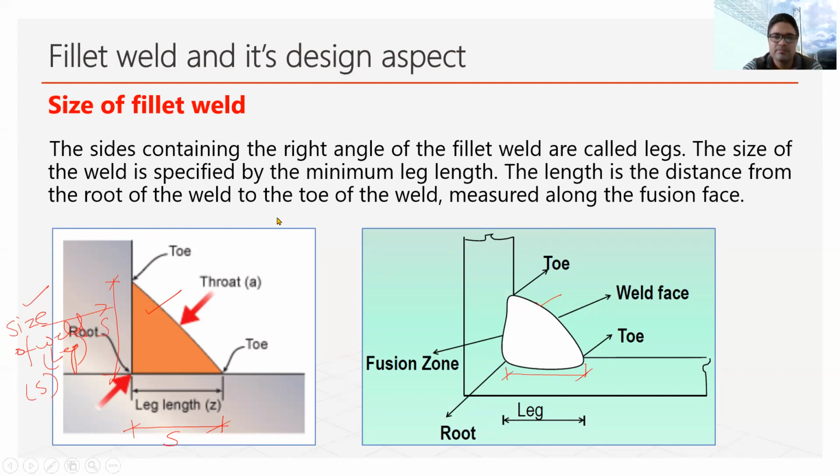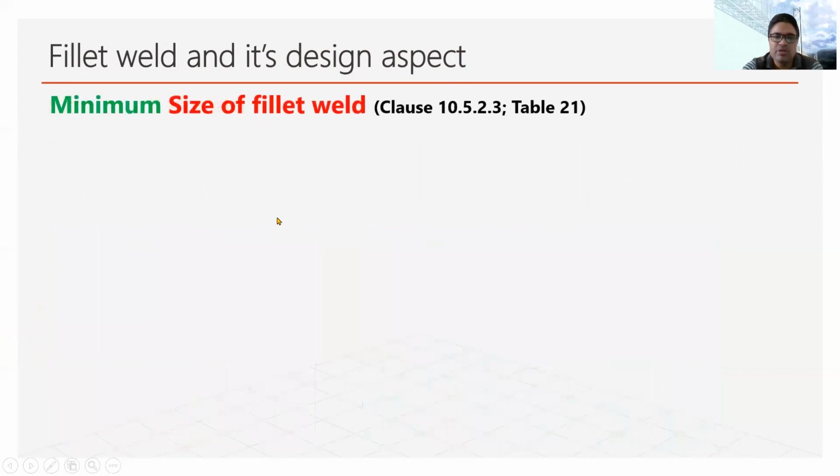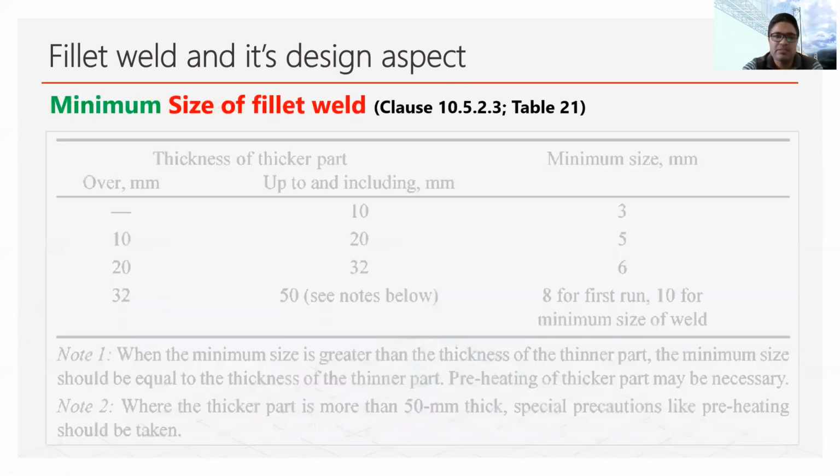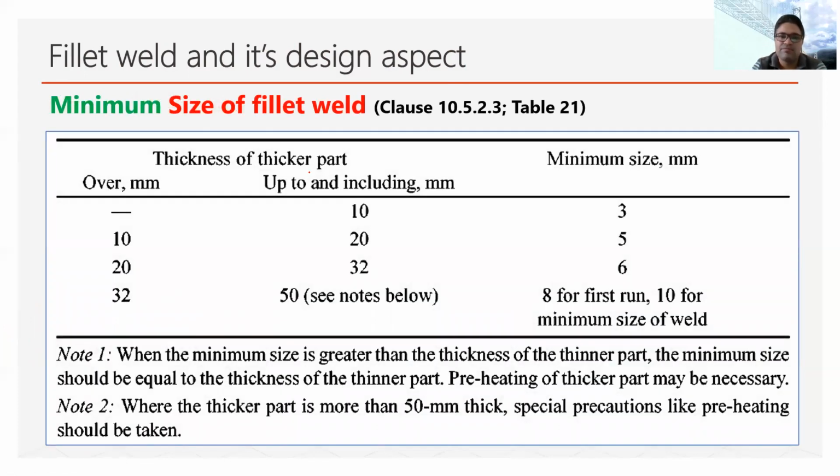Now we will see that, because this S value depends on the thickness of the plates and specifically the thickness of the thicker plate. If we are joining two plates of different thickness, then we consider the thickness of the thicker plate. This table is from the IS code. If you refer to this clause number and table 21, you will find this table. It says that up to 10 mm thickness, the minimum size of weld is 3 mm.